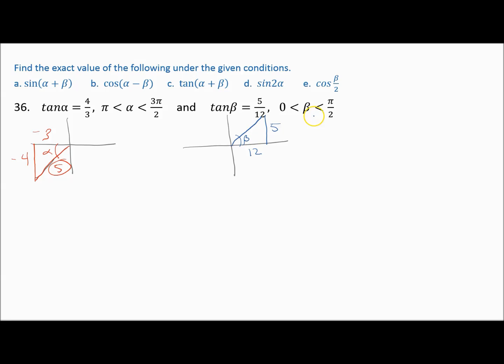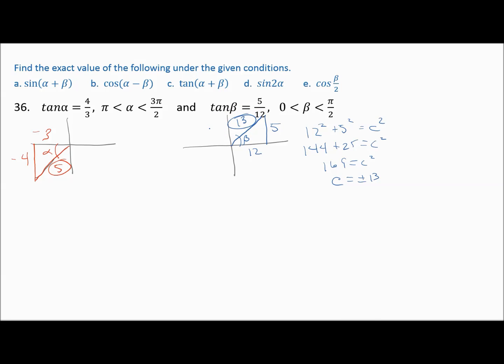So that work would be 12 squared plus 5 squared is equal to c squared, or r squared. It's 144 plus 25 is c squared. So that's going to be 169 is c squared. So c is plus or minus 13 when you solve the equation, but c, or r up there, is always positive.